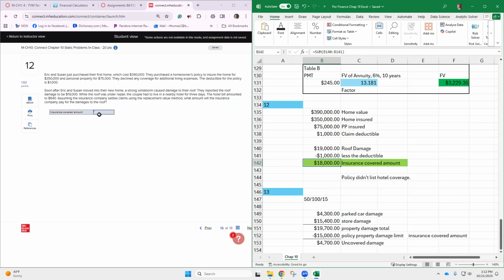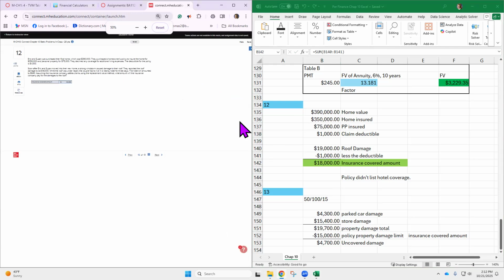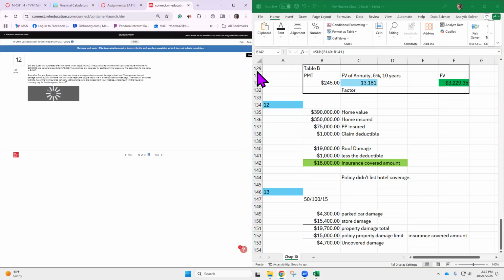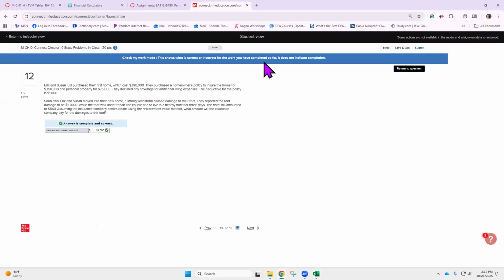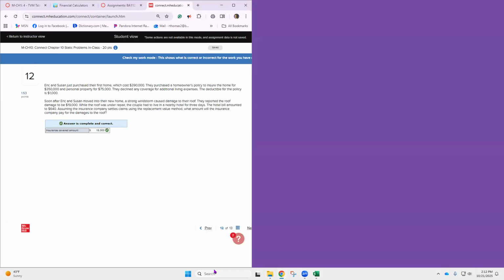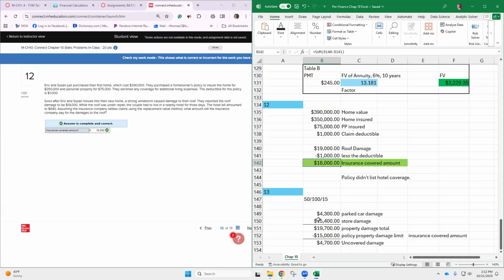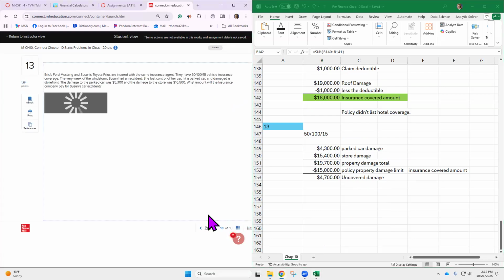So it should cover $18,000 once the $1,000 deductible has been taken out. Let's see if this is right. Yes, so that's how we figure out how much the insurance company will pay on a claim, is we have to know the particulars of the policy.